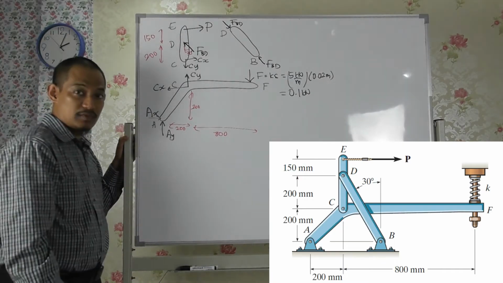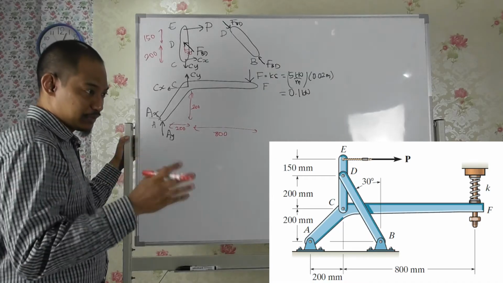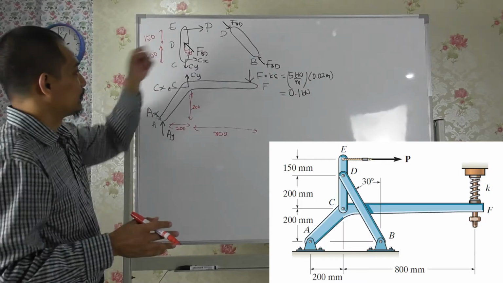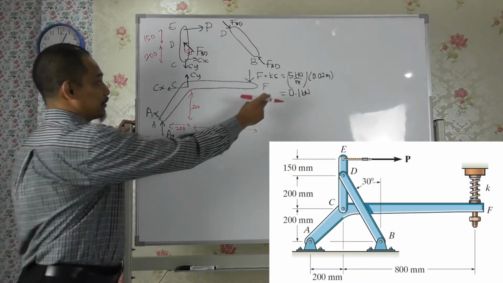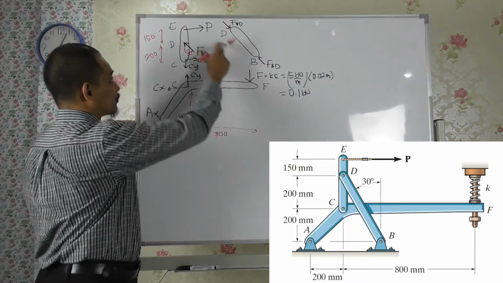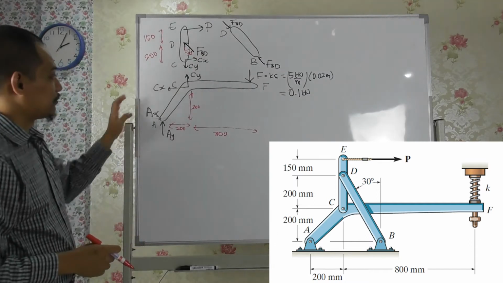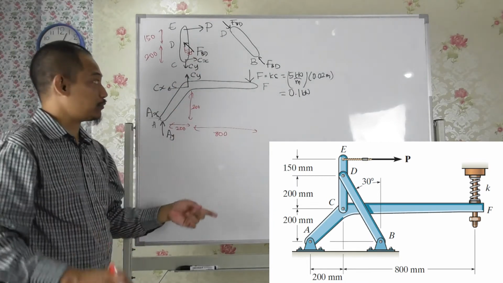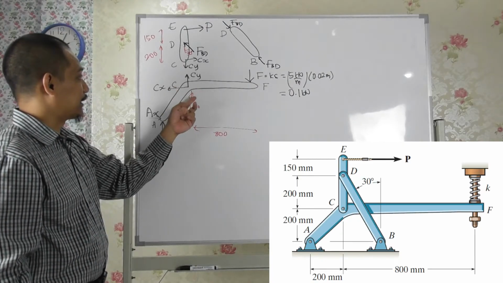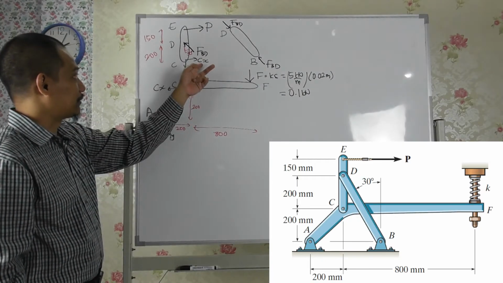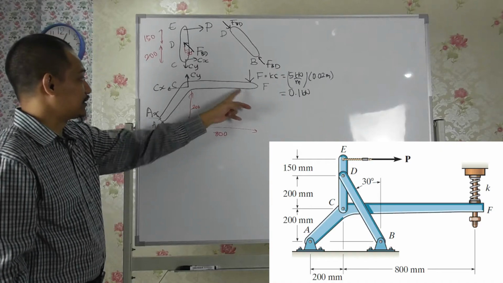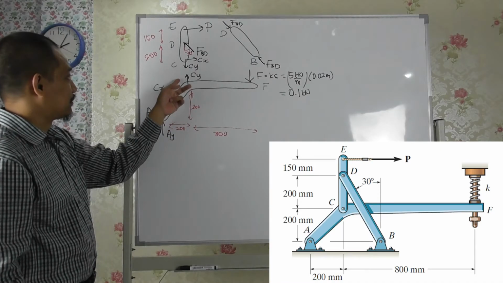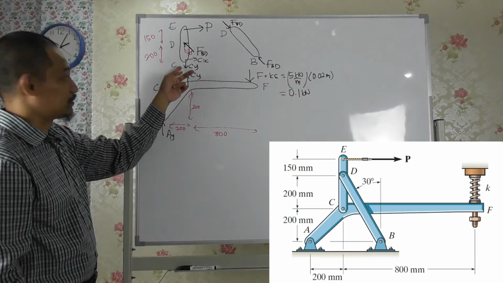Right. So what we need to find in this question, it says determine the force P. So what we have is the value here, and we want to solve P, right? So from this diagram here, the idea is we want to find any value that can shift our calculation to that point there, right? So in this case, if I can get Cx and Cy, then I can solve for this one, right?